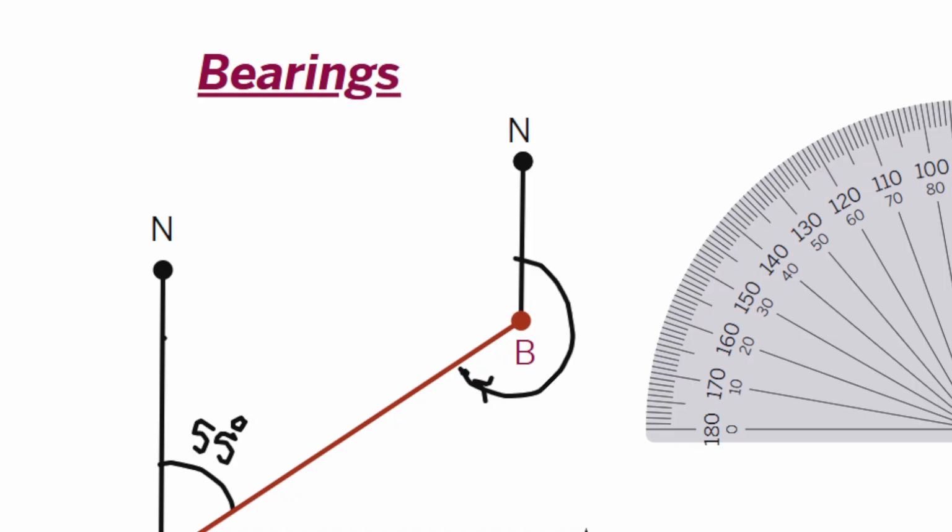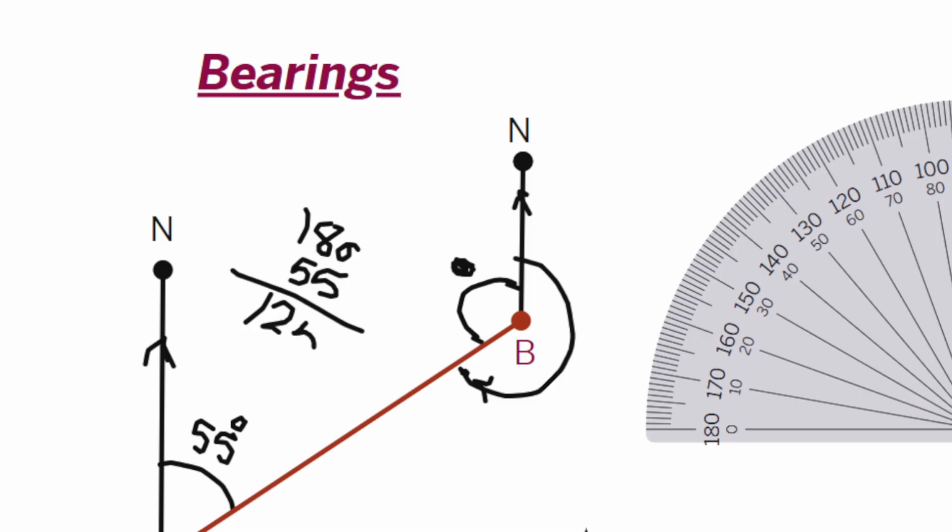Now this is north, and that's north. That means these are parallel lines. These angles, angle 55 and this angle here, will always add up to make 180. So we can easily find this angle here. How? We do 180 minus 55. So 180 minus 50 is 130. 180 minus 55 is 125. That means this angle here is 125.